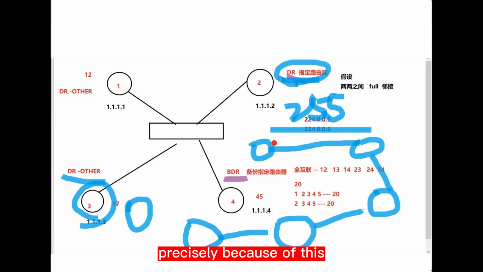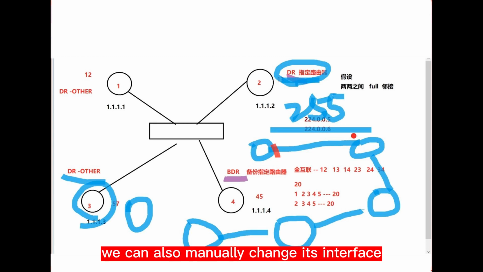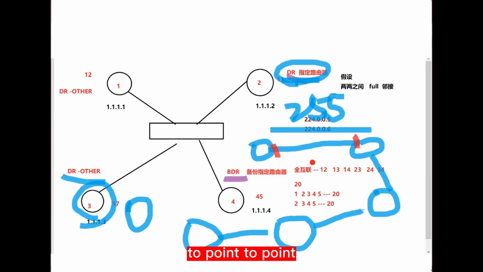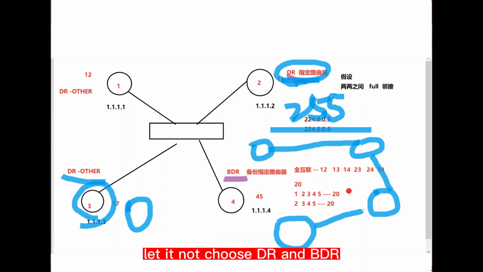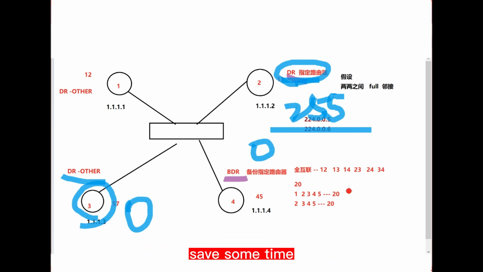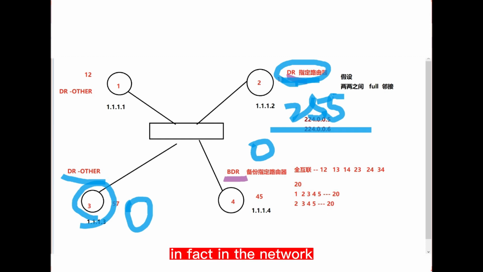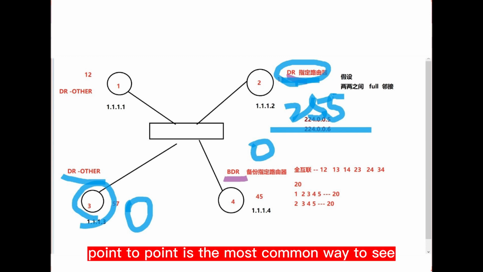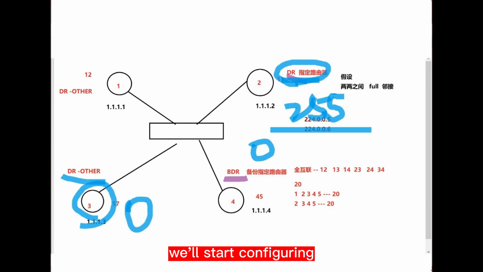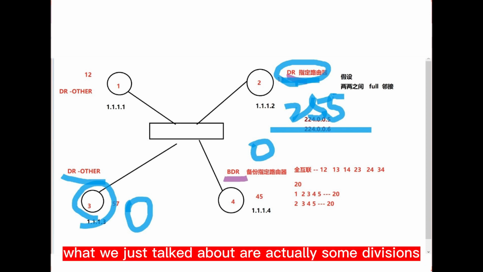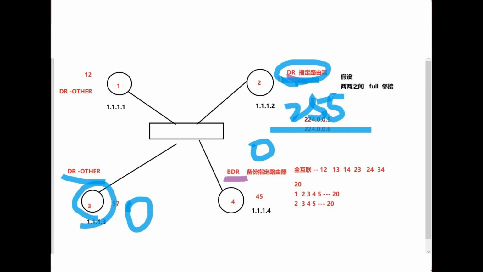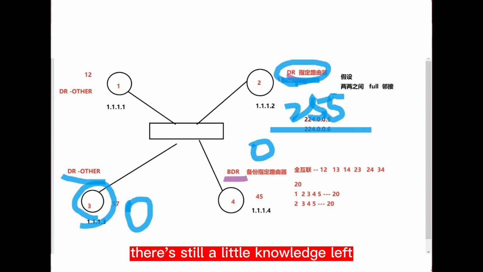Precisely because of this, we can also manually change the interface to point-to-point, so that it does not choose DR and BDR, saving some time. Here are some optimizations you will use in the future. In fact, in the network, point-to-point is the most common way to see. We'll start configuring. What we just talked about are actually some divisions. There's still a little knowledge left.